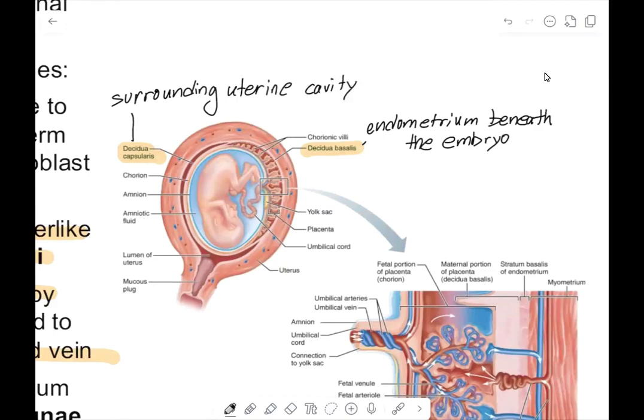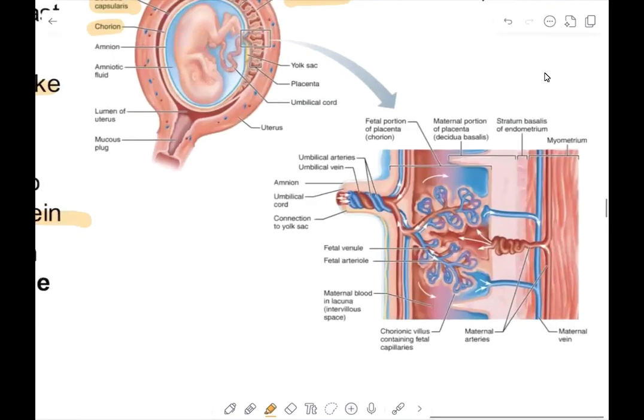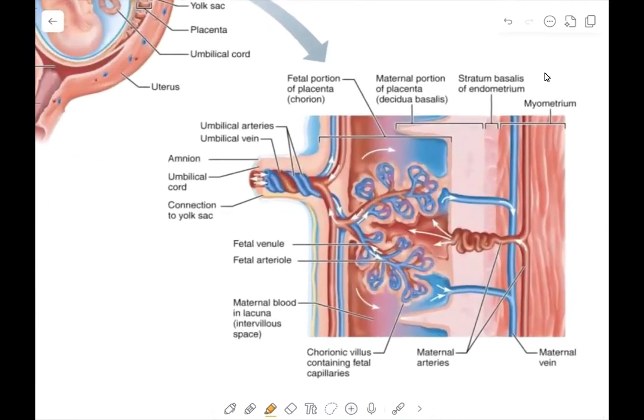We can see the chorion formed here. And then the chorion is going to develop these finger-like projections, which are called chorionic villi. So we can see chorionic villi shown here on this image.